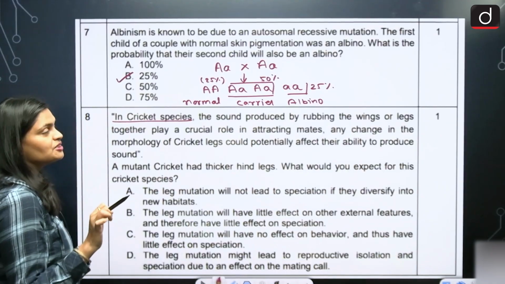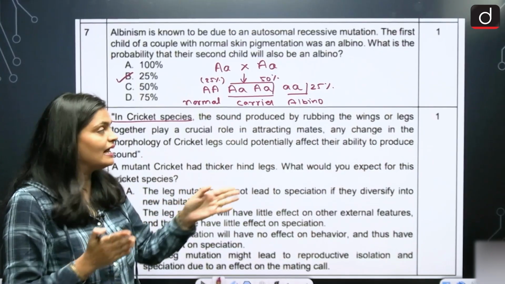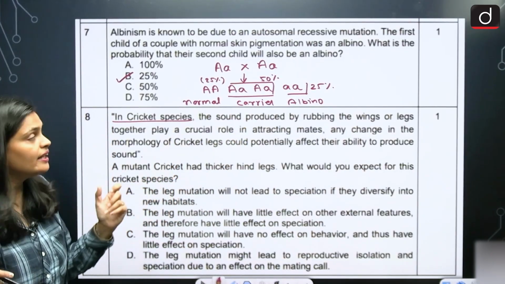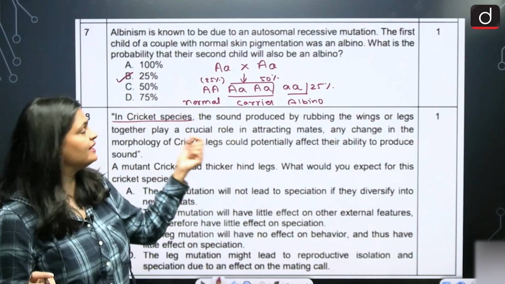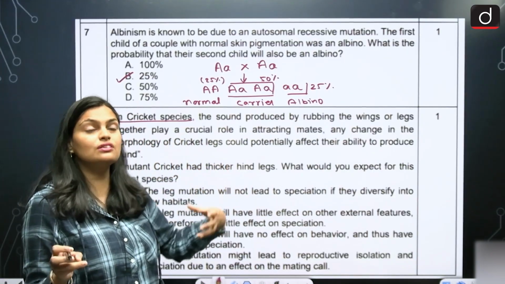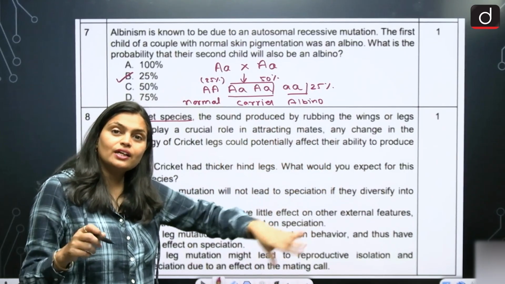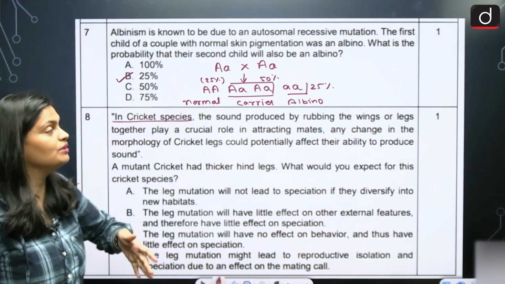When they rub their legs and wings, they produce sound, and that sound attracts their mate. मतलब अपने पार्टनर को अट्रैक्ट करने के लिए they are just producing the sound.